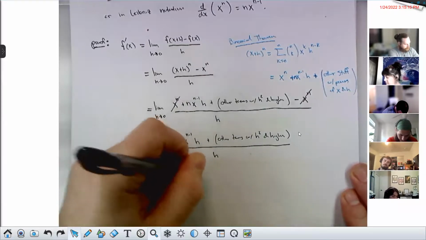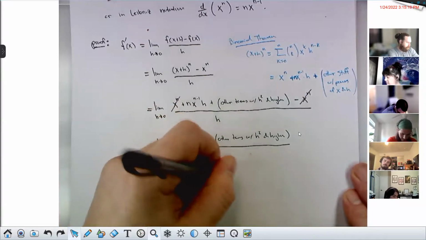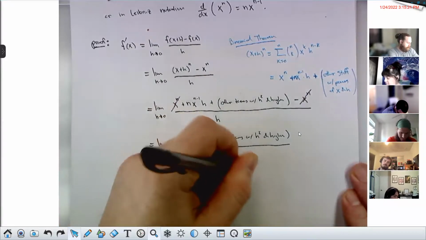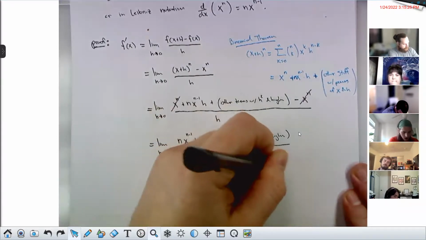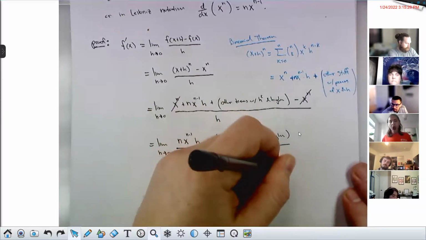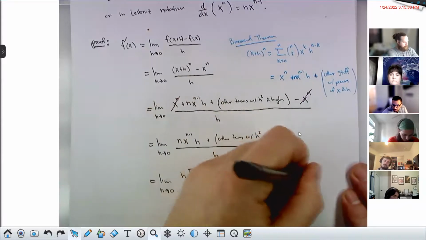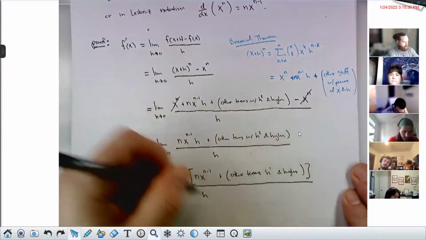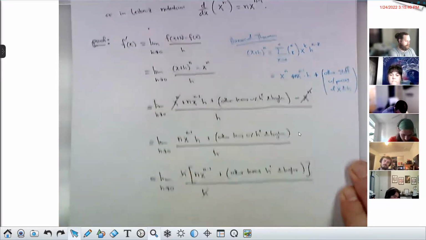And what's left here is nx to the n minus 1, and then plus other terms. I factored out an h, so this is with h to the 1 and higher, and all over h. Cancel the h's.